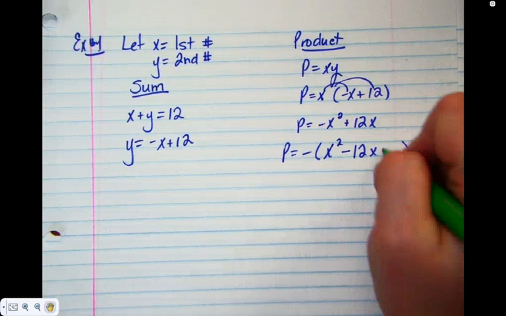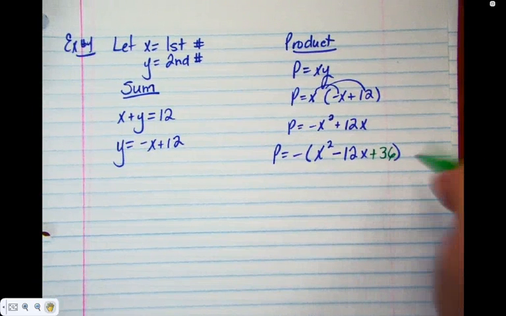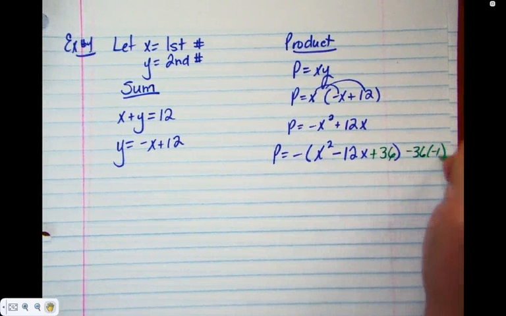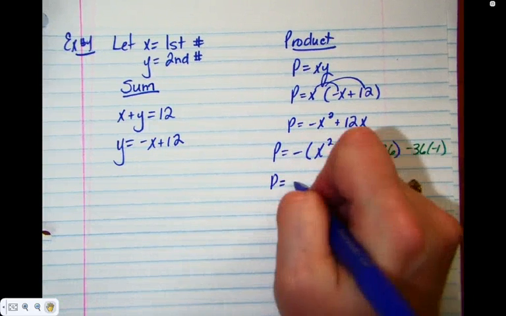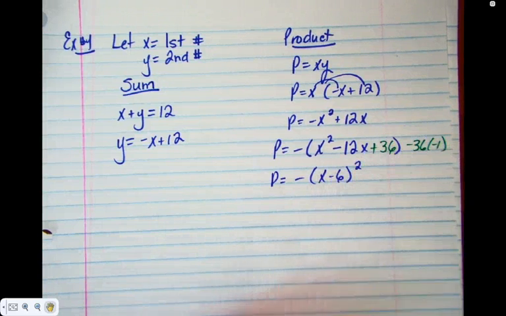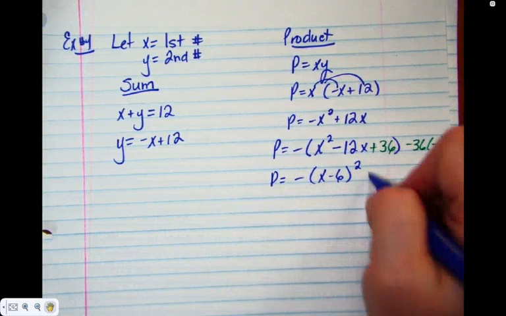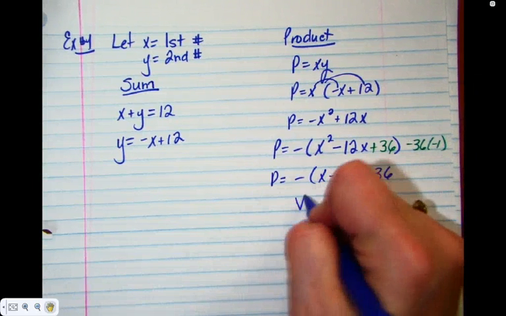Plus 36. Balance it. Take away 36. Plus 36. Binomial squared. X equals 6 squared. Constant at the end. Vertex.